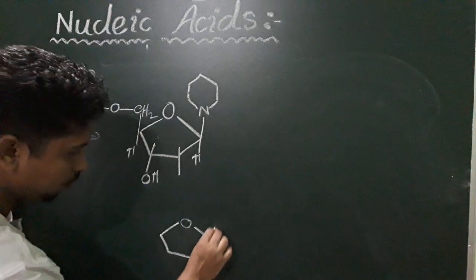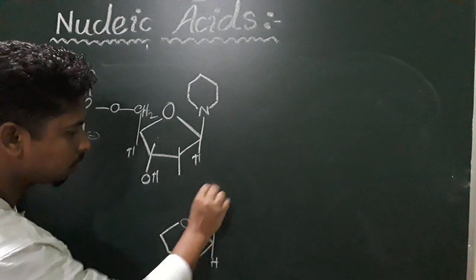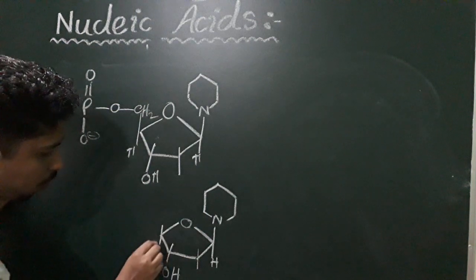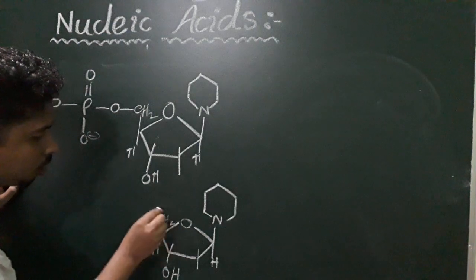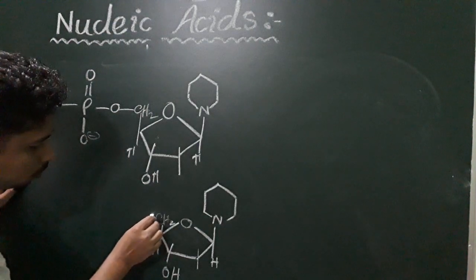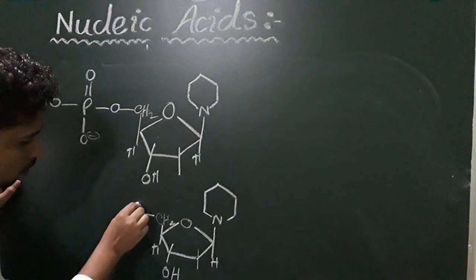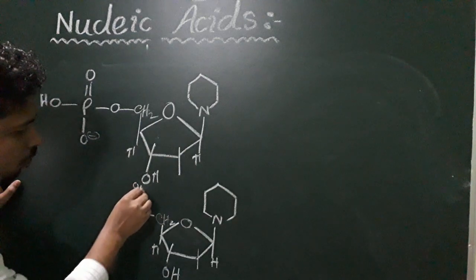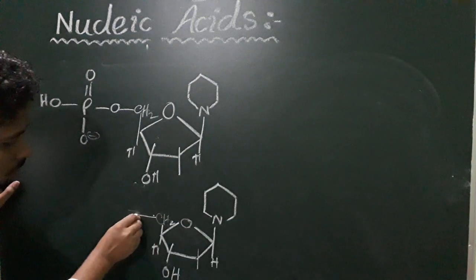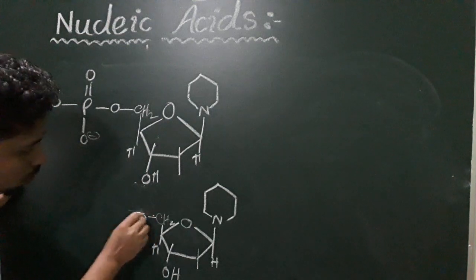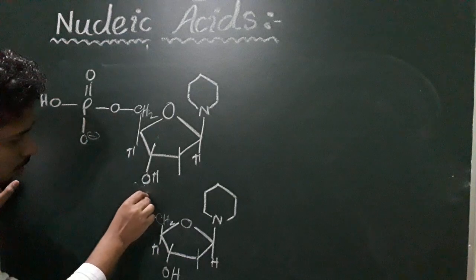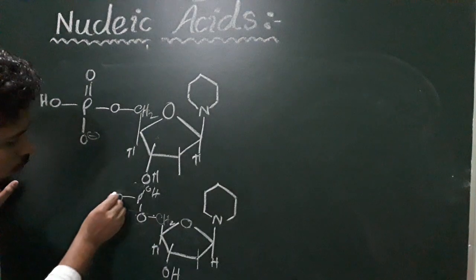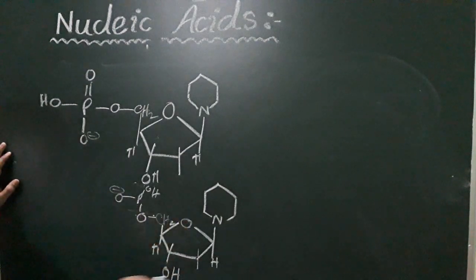Here we have a nitrogenous base, here we have OH bond H, here we have CH2 bond O, bond P, bond OH, bond O minus. Okay, so this is another nucleotide.